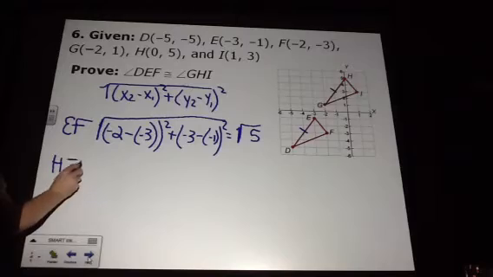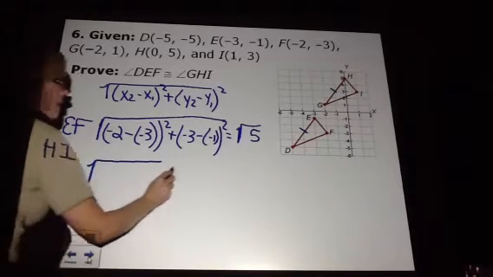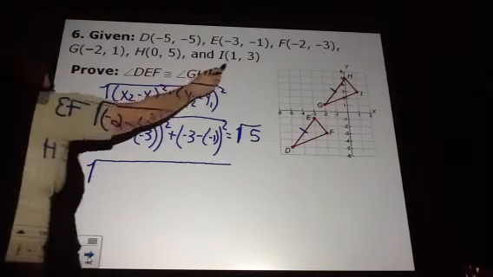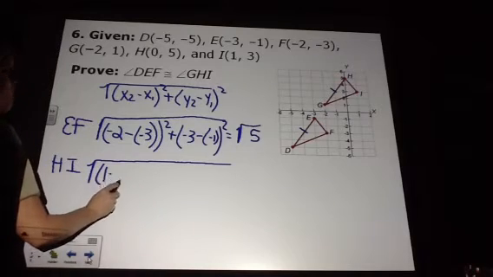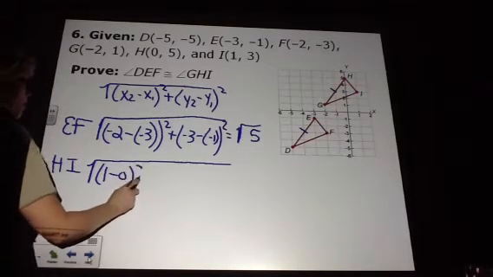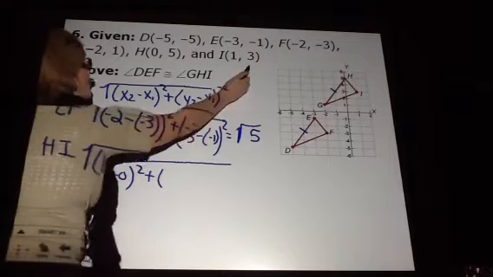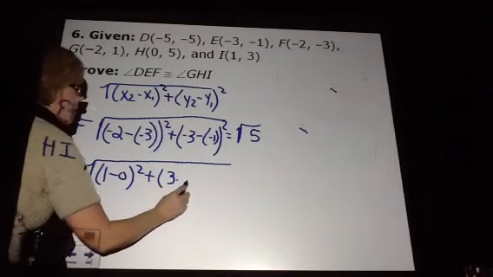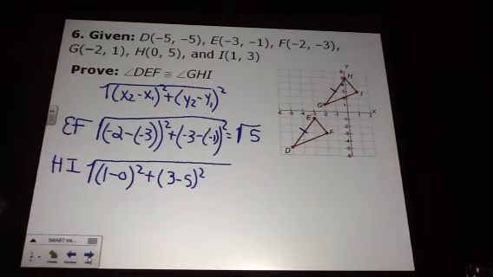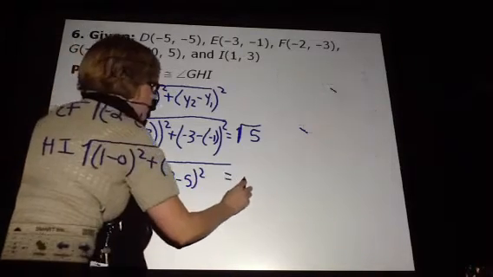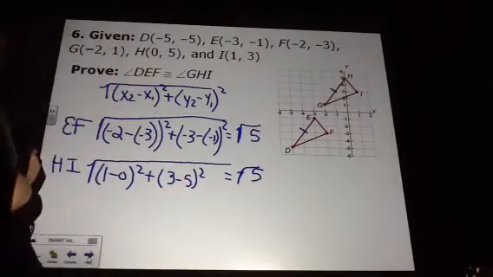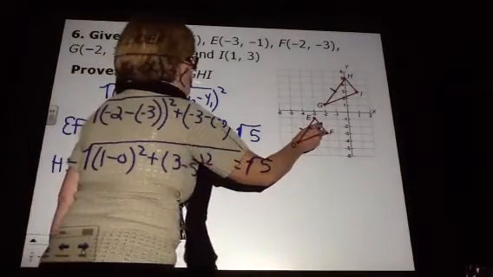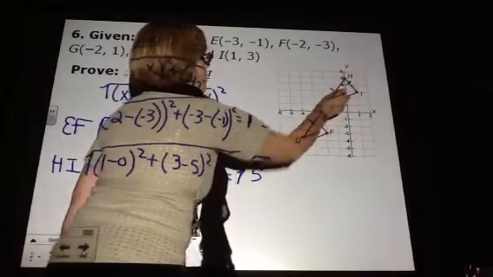And then HI, 1 minus 0 squared plus 3 minus 5 squared. And we're going to get square root of 5.